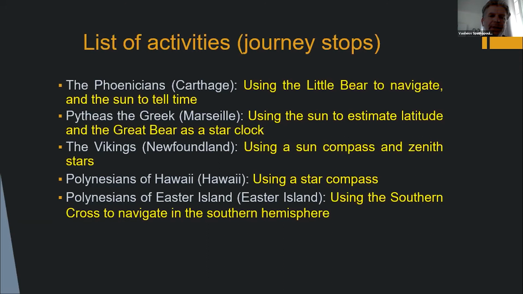And to do that, they would use zenith stars. These are stars that pass above your head at a certain latitude. So, for example, they might have seen, I don't know, star X, and they knew that when that was above their head, they were at the right latitude. And by making sure that was happening, they would stick to the latitude that they wanted to.